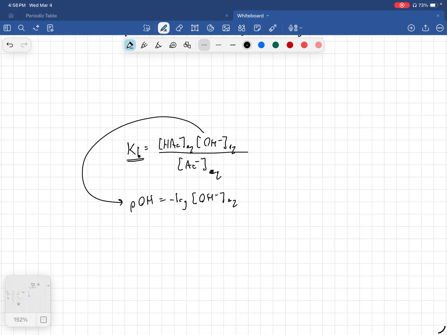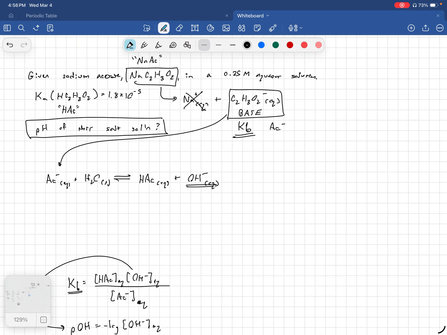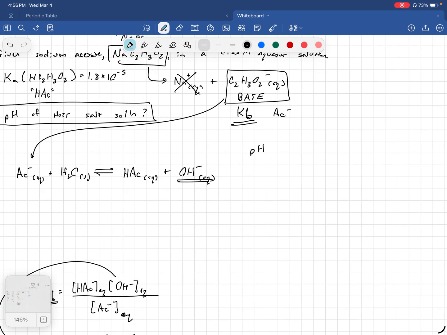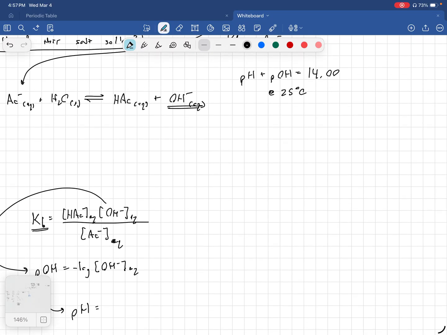It asked for the pH. You just kind of need to memorize this: pH plus pOH equals 14.00, 2 decimal places, at 25 degrees Celsius, which we're at.